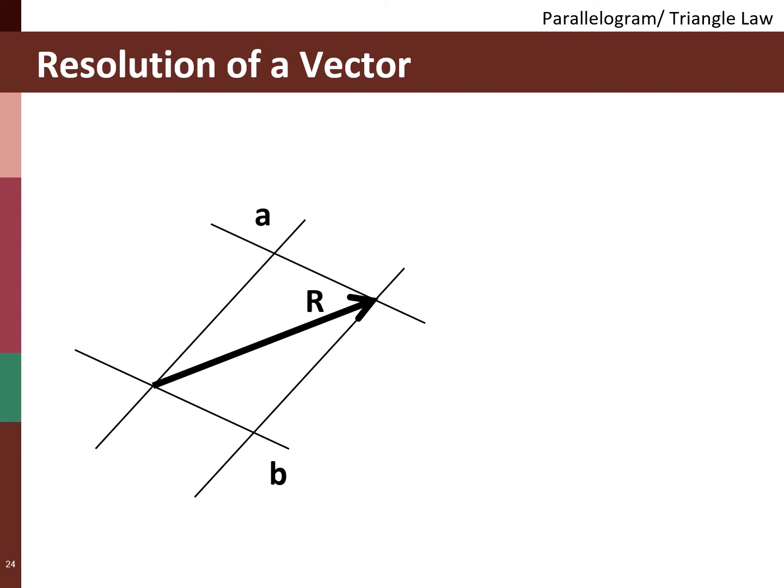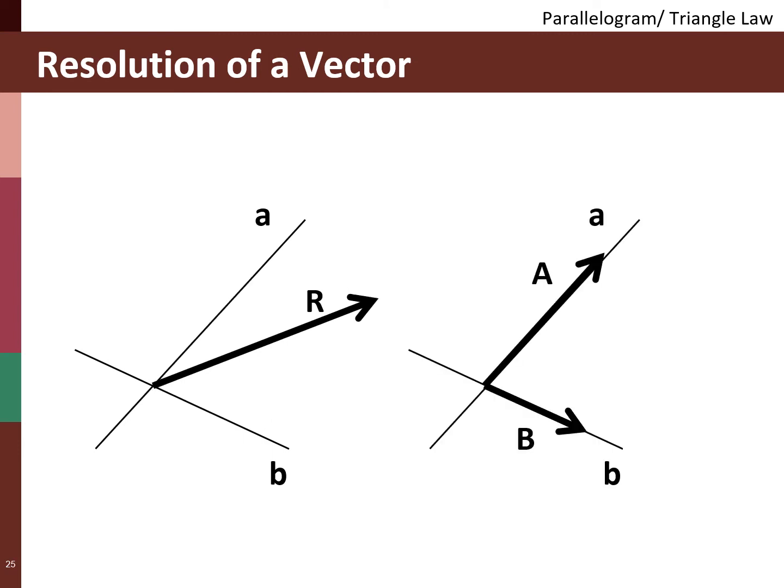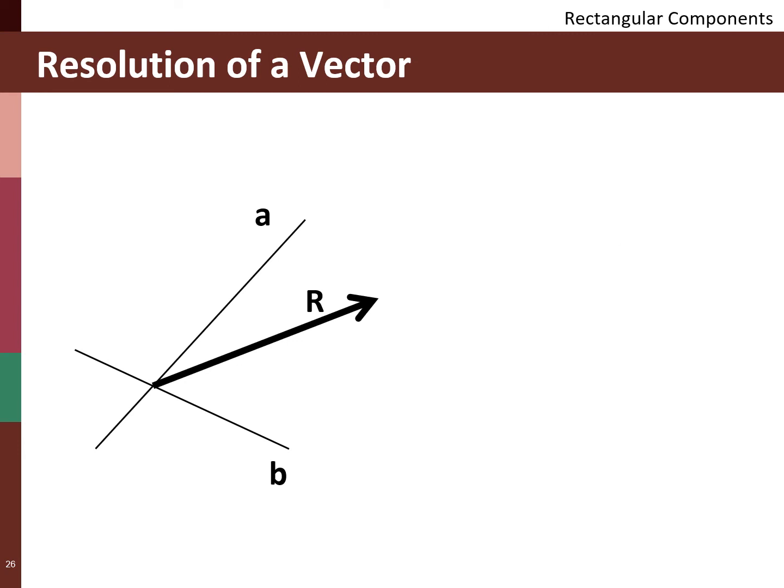The component about the a-axis is from the tail of r to the intersection of the a-axis and the line parallel to the b-axis. And the component about the b-axis is from the tail of r to the intersection of the b-axis and the line parallel to the a-axis. So, the effect of a single force R is just equivalent to the action of the two forces A and B.